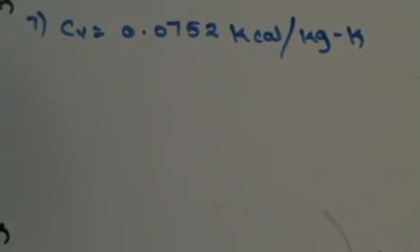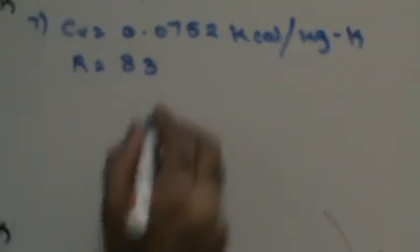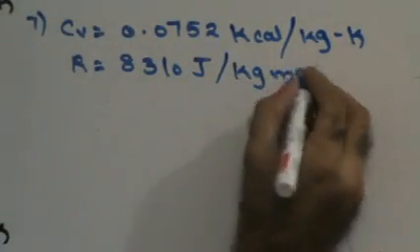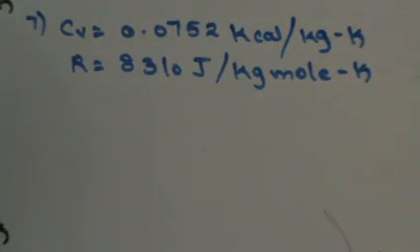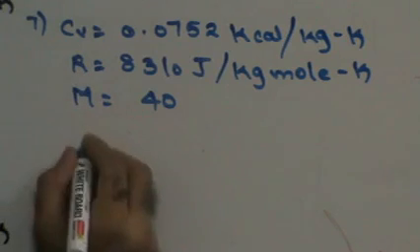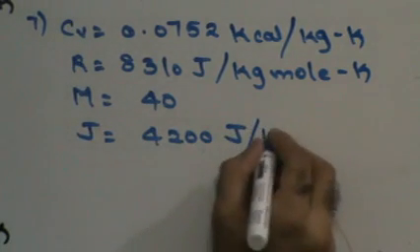Calculate the specific heat at constant pressure if R is 8310 joules per kg mole Kelvin, the atomic weight of argon is 40, and J is 4200 joules per kilocalorie.